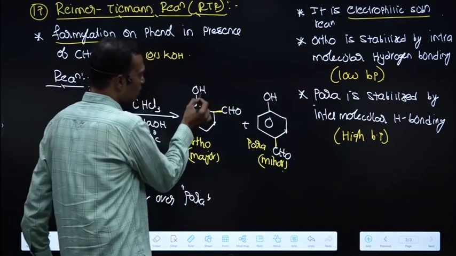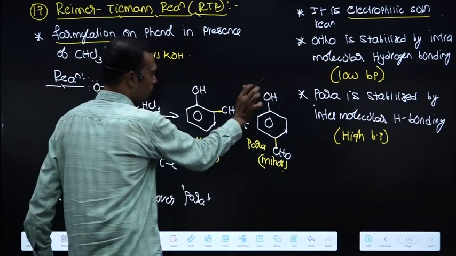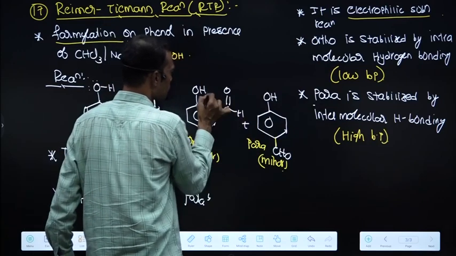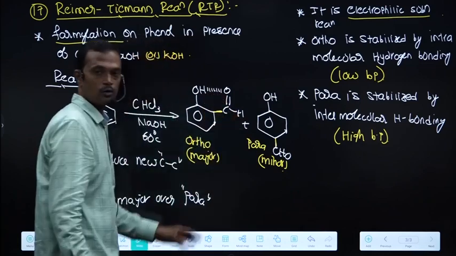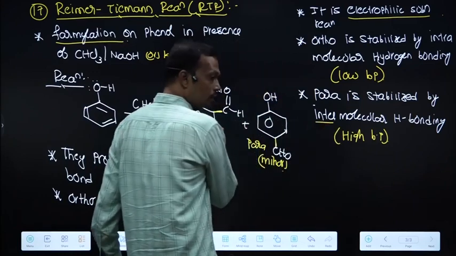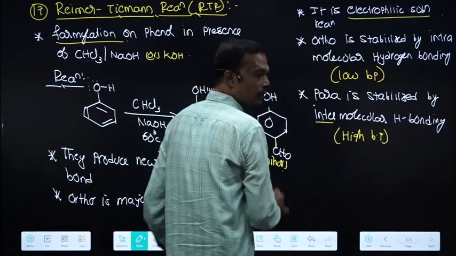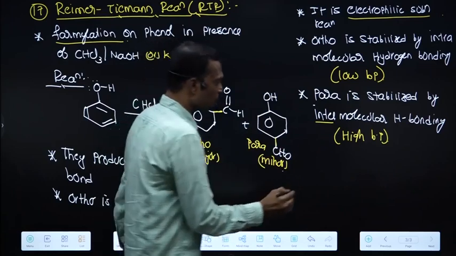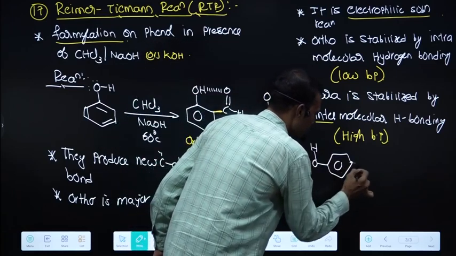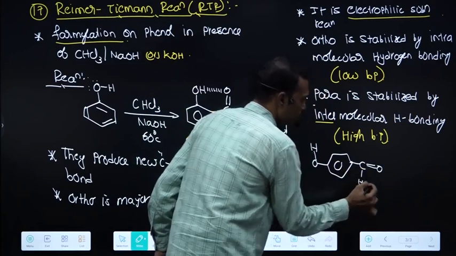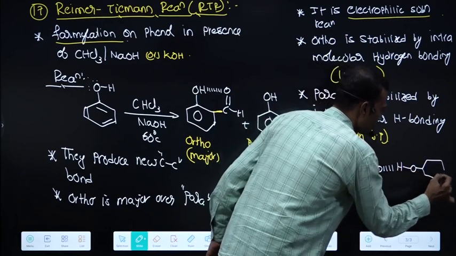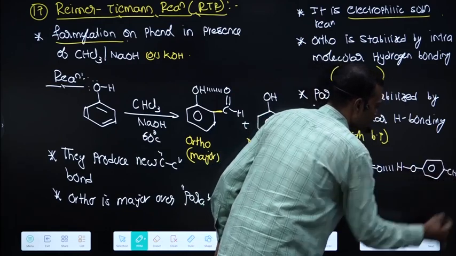See, this hydrogen and this oxygen form a hydrogen bond. This is called intramolecular hydrogen bonding between ortho substituents. Like this, hydrogen bond formation takes place. Intra means within the molecule, and inter means between the molecules. If I take oxygen here, now this is para substitution, stabilized by hydrogen bonding like this.